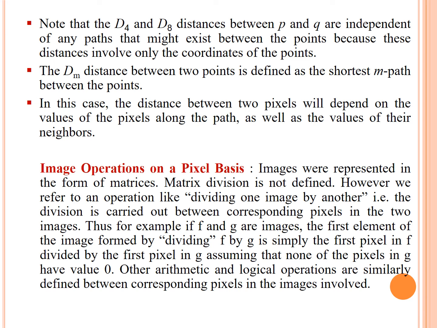Thus, for example, if f and g are images, the first element of the image formed by dividing f by g is simply the first pixel in f divided by the first pixel in g, assuming that none of the pixels in g have value 0. Other arithmetic and logical operations are similarly defined between corresponding pixels in the images involved.